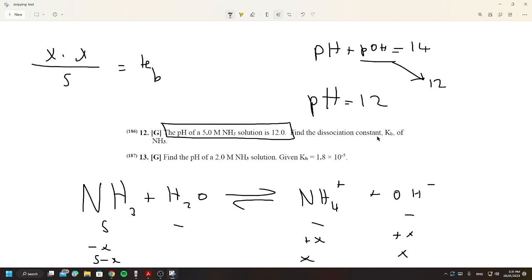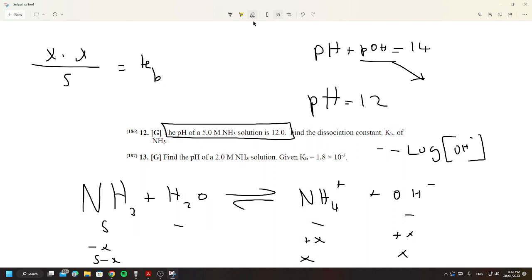And then you do negative log the concentration of OH minus equals to 12.